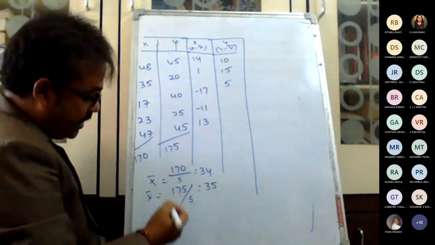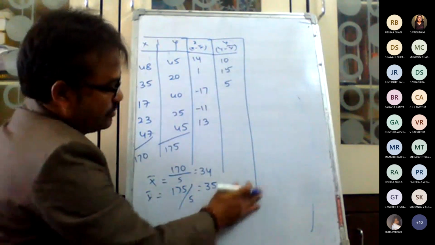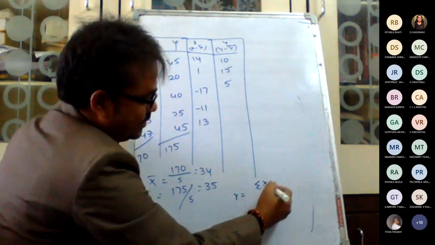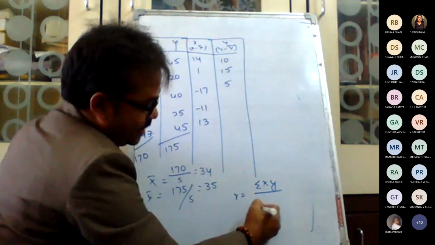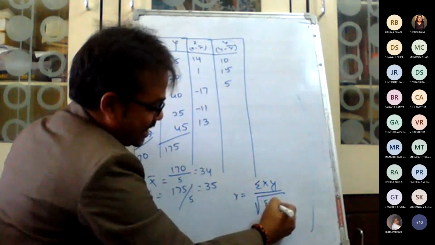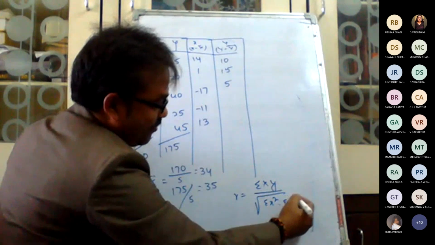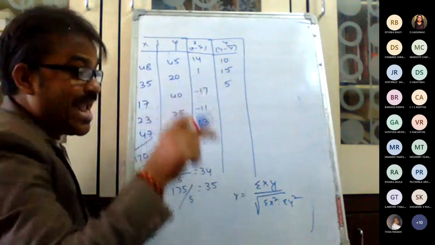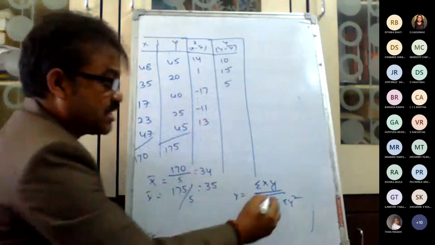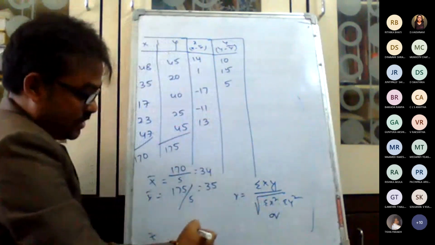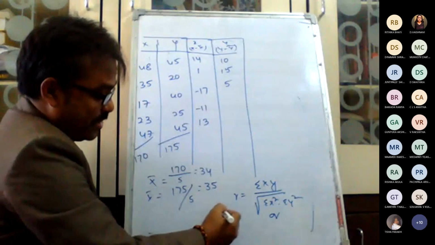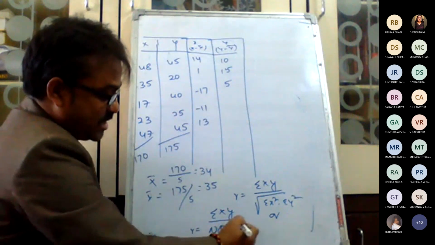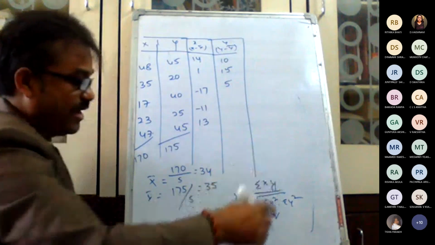Here I told you, now what is the formula? R is equal to sigma xy divided by root of sigma x square into sigma y square, or sigma xy divided by n into standard deviation of x into standard deviation of y.